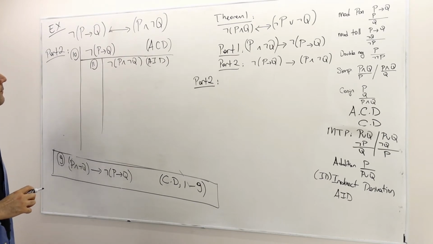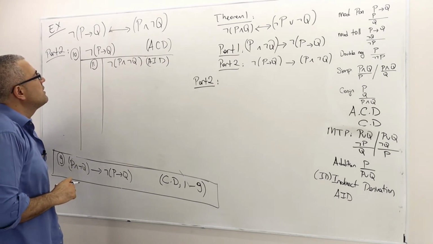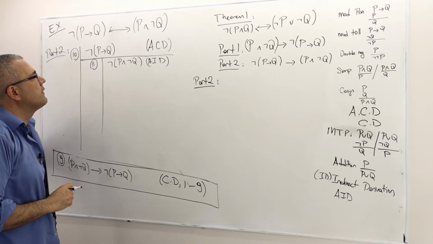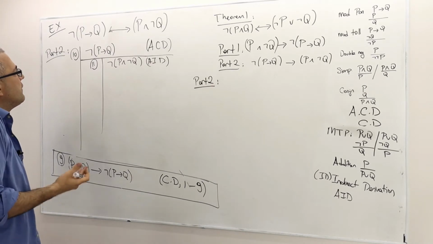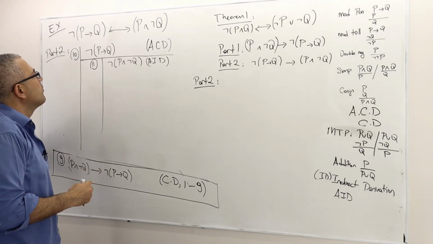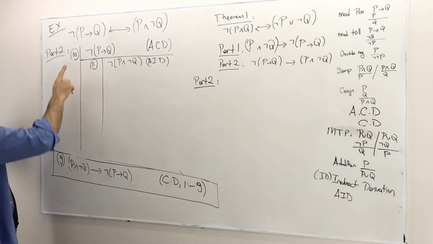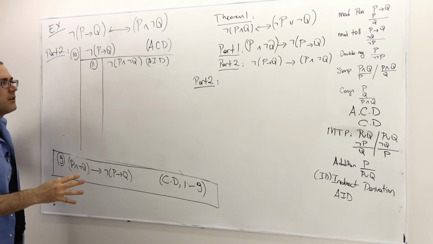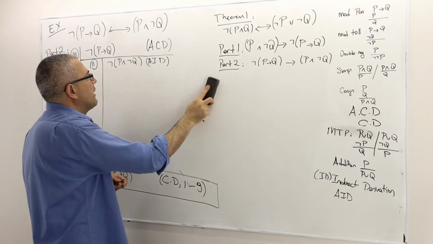Very good. So what else do I need? Okay, so you know what? I need to get a contradiction with something in line 9, 10, and 11, all right? All the other lines are useless, I know that.